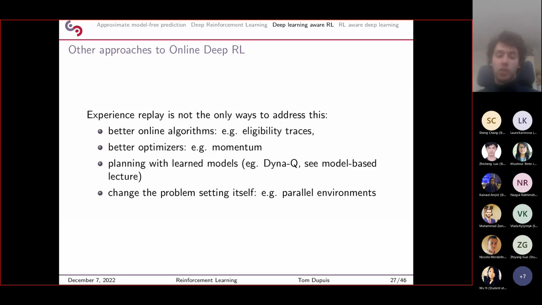And you can change the problem itself. For example, use parallel environments. That's what I mentioned last time at the board. Remember, if you have problems with samples being highly correlated, and also if you use an on-policy algorithm like SARSA, you want your samples to be on-policy. And if there is a slight delay, your samples might be slightly off-policy because they come from a slightly older policy.